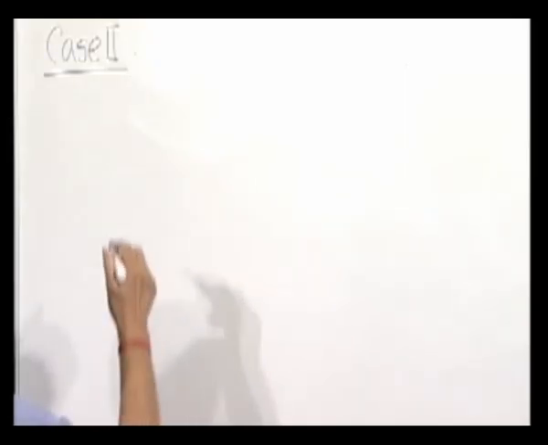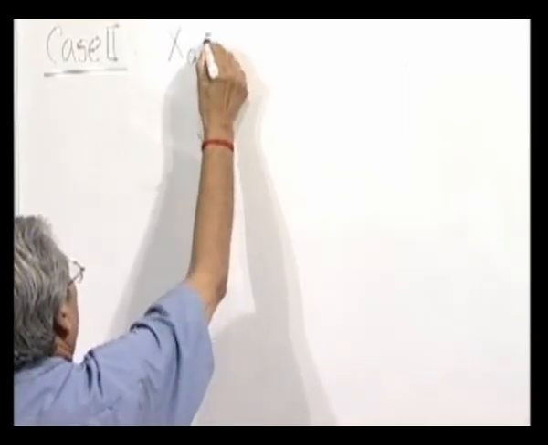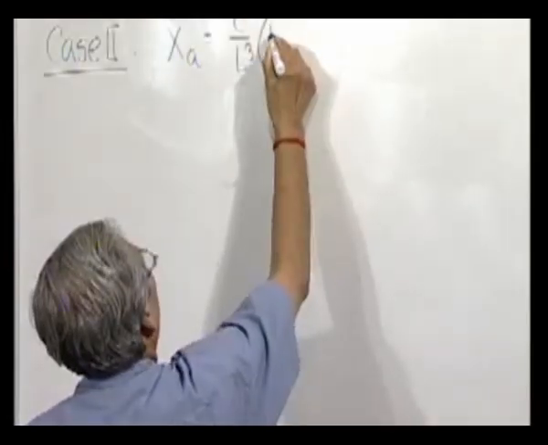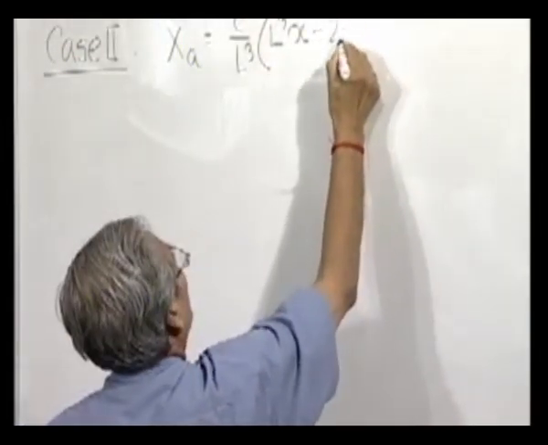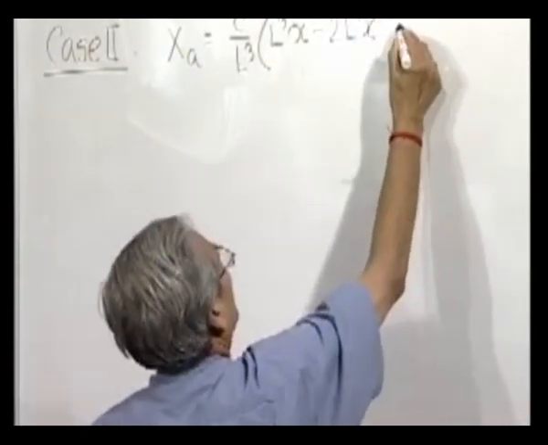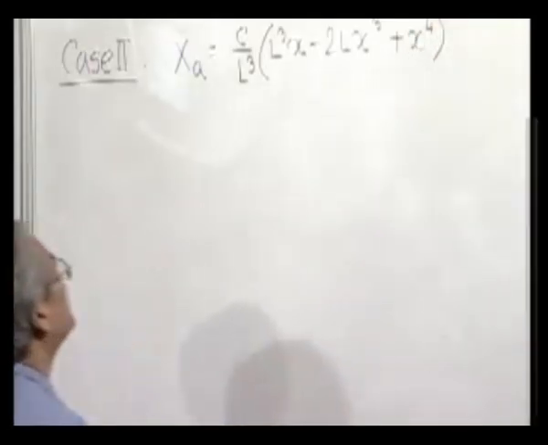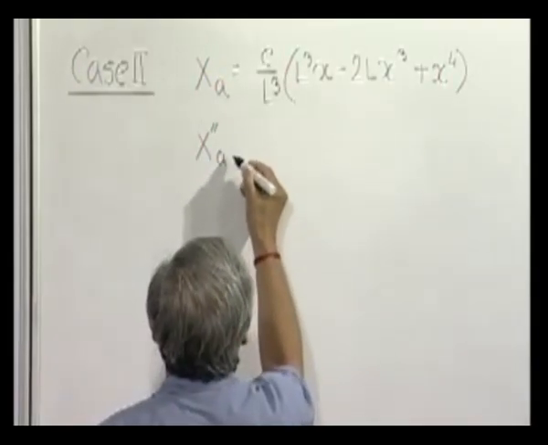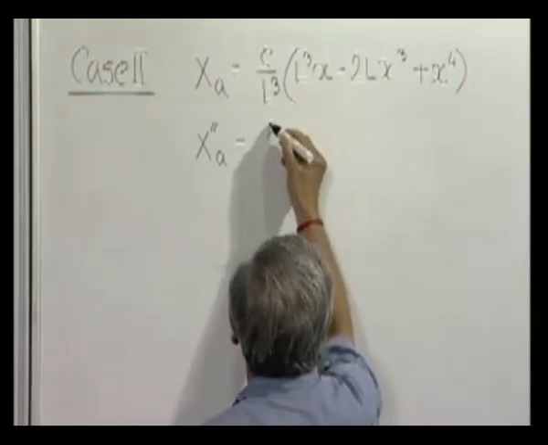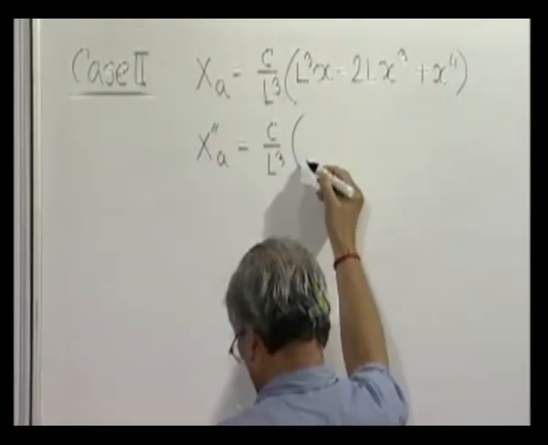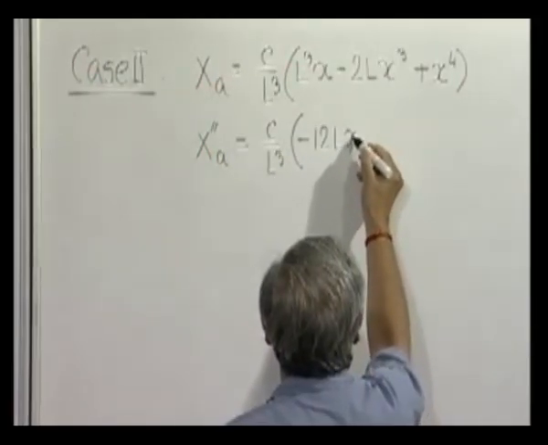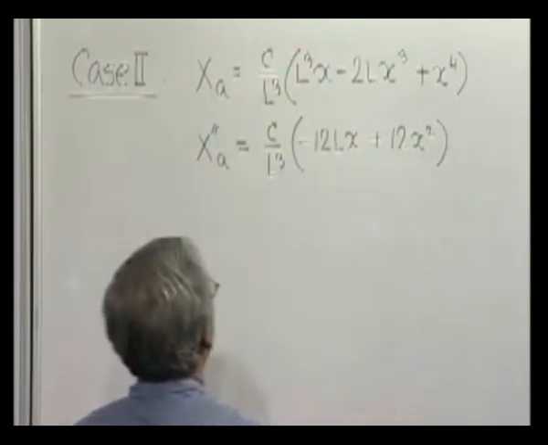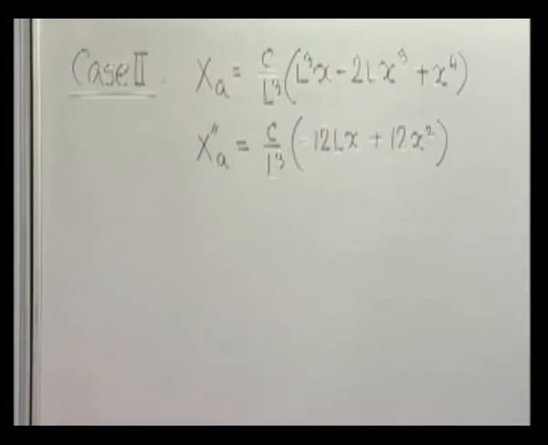If we take another choice, say XA is, if we make this choice, then Xa is that, and d2xa dx square is this.